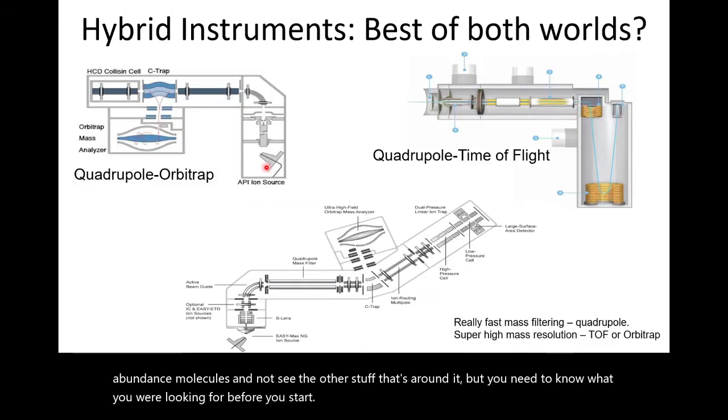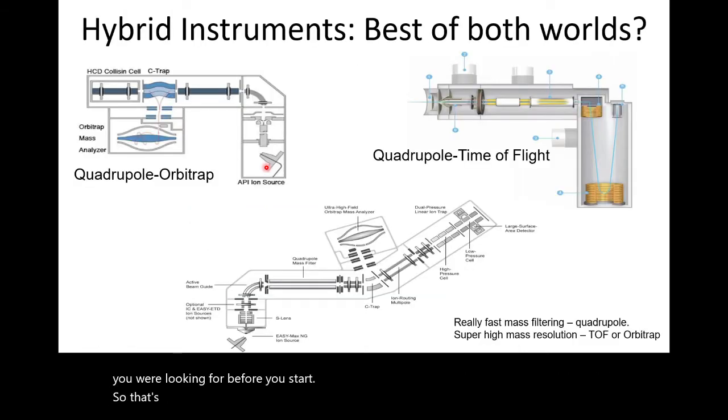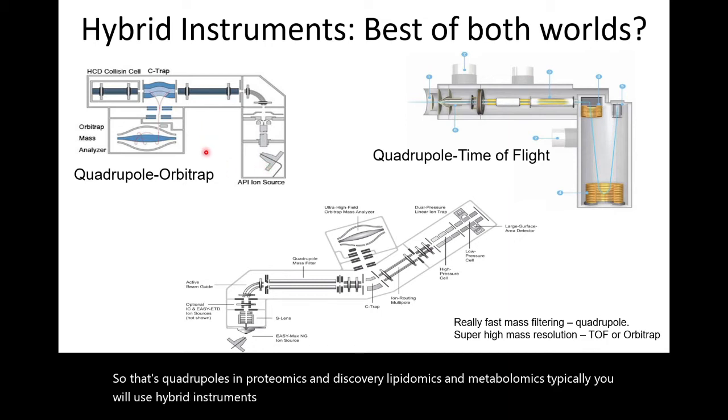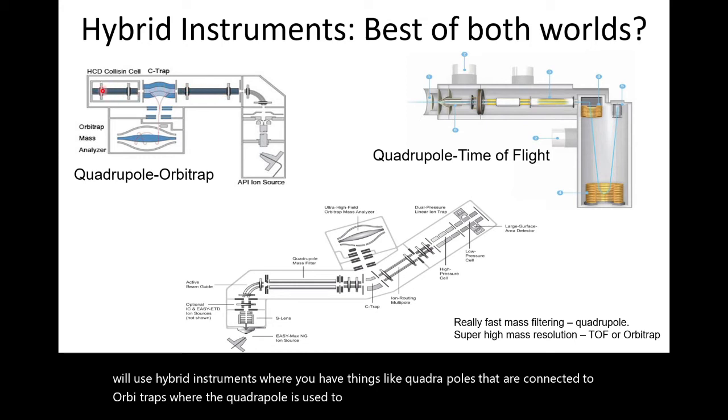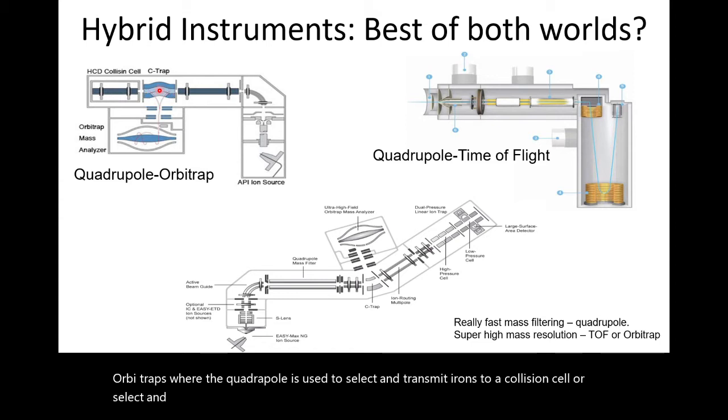So that's quadrupoles. In proteomics and discovery, lipidomics and metabolomics, typically you will use hybrid instruments where you have things like quadrupoles that are connected to orbitraps, where the quadrupole is used to select and transmit a packet of ions into here where their mass is measured with high resolution.